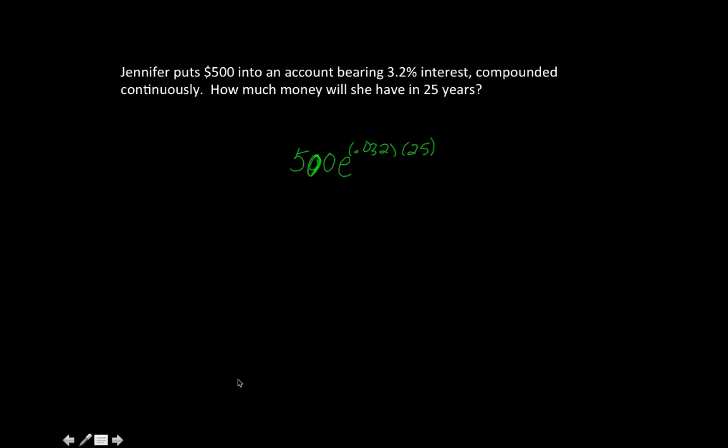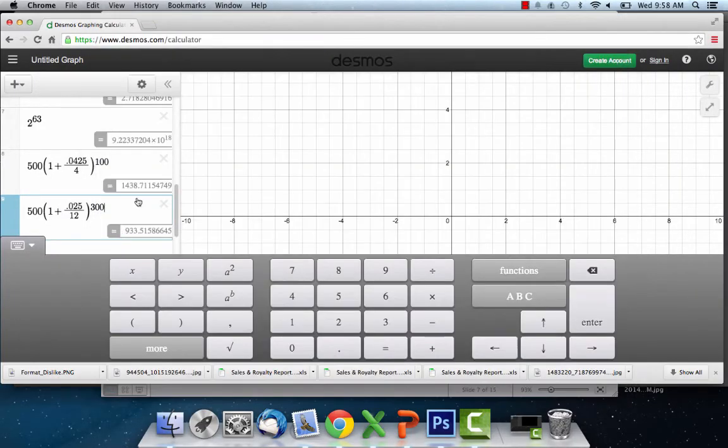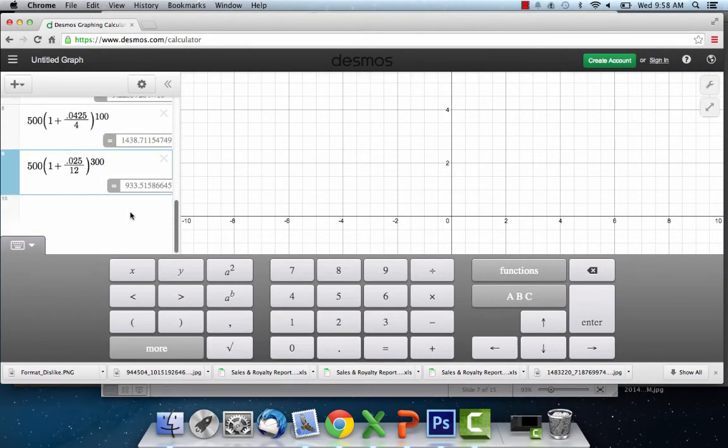Okay, so here we go. She has 500 times e to the, and by the way, I'm just typing these now instead of going back and forth.